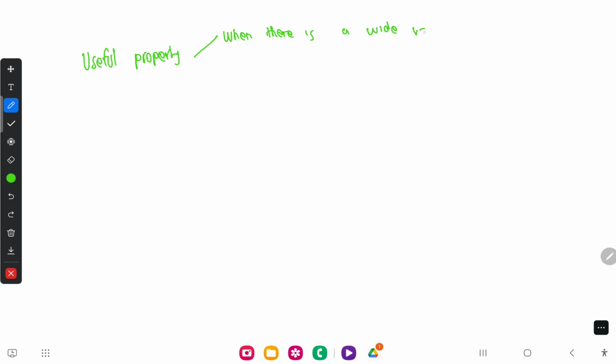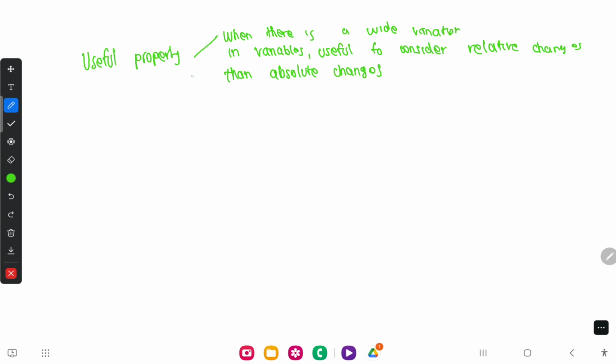When there is a wide variation in variables, then it's useful to consider the relative changes than the absolute changes. This is one useful property.